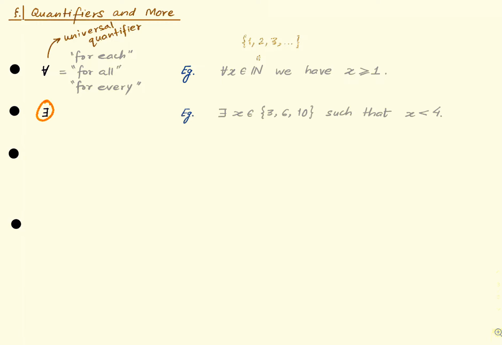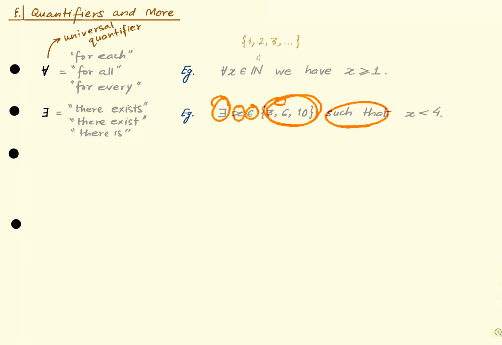This stands for there exists. Shorthand for there exists, or there exist, depending on which is grammatically correct, or there is. So this statement reads, there exists x in this set such that x is at most 4.